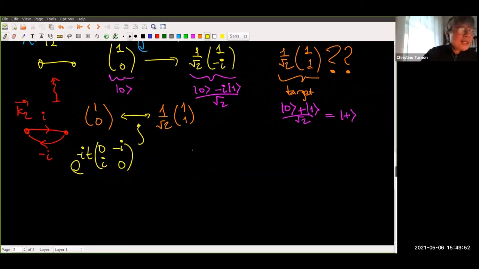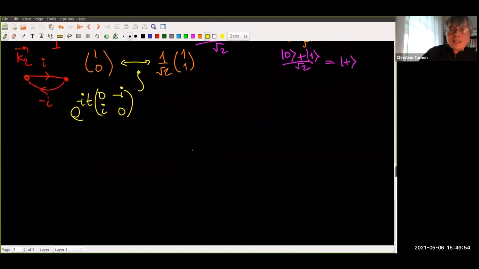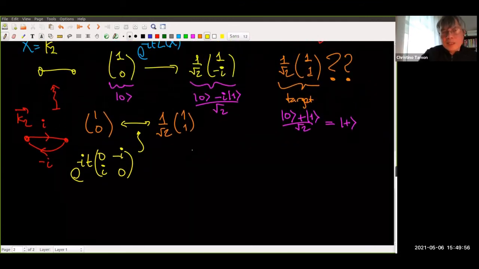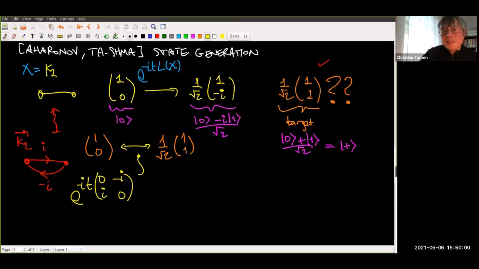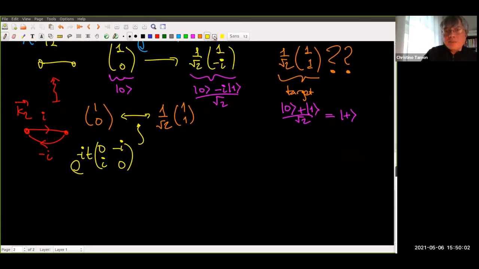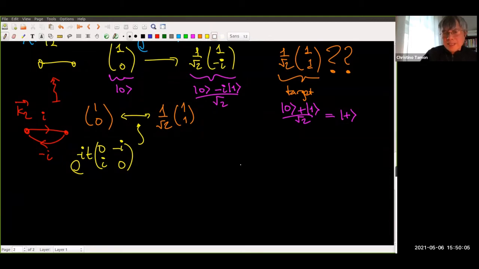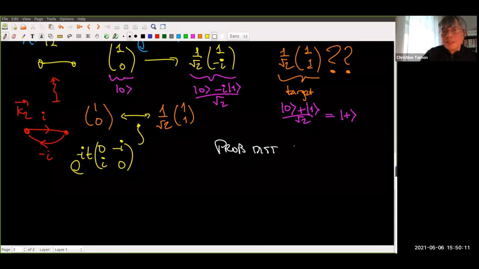Okay, good. So let me mention this in the context of this paper by Aharonov and Tashma. The question they ask is the following. Given a probability distribution, say P, over the vertices of the graph, can we generate the state that looks like this?